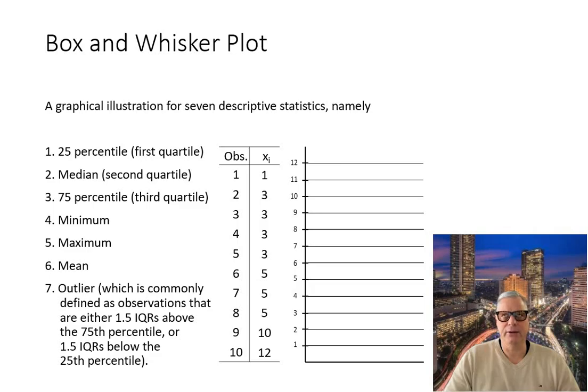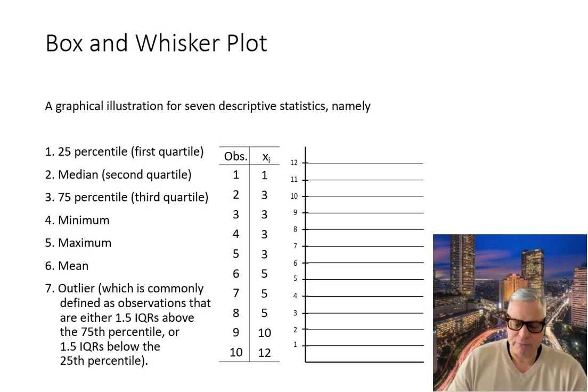An outlier is commonly defined as observations that are either 1.5 interquartile ranges above the 75th percentile or 1.5 interquartile ranges below the 25th percentile. Okay, and I will use again the simple textbook version to quickly identify those values.